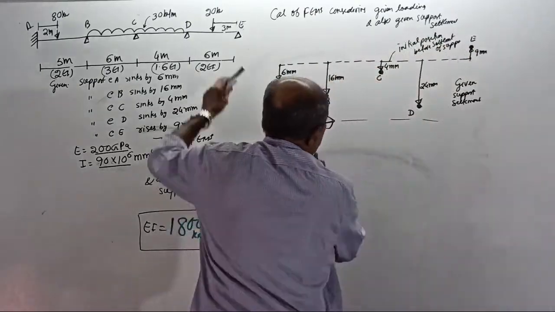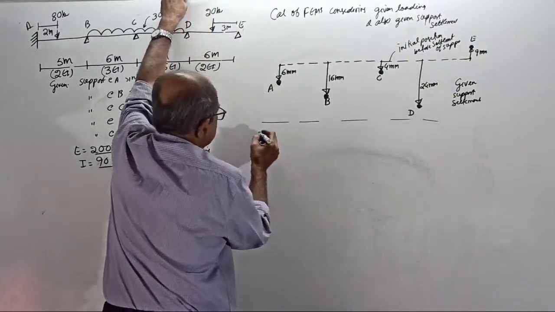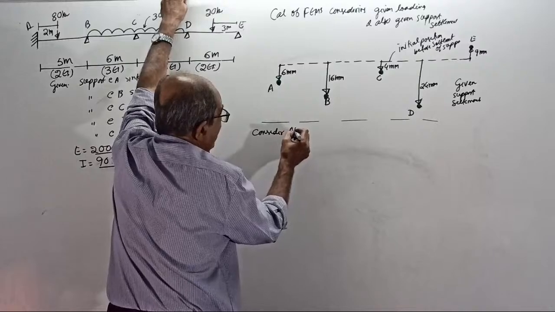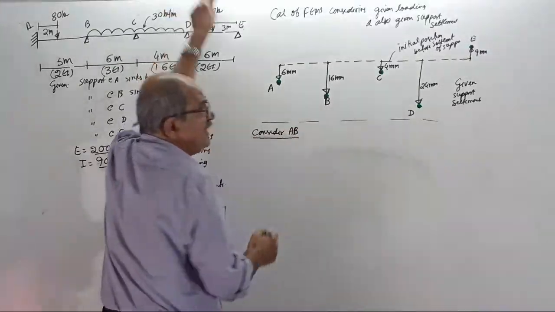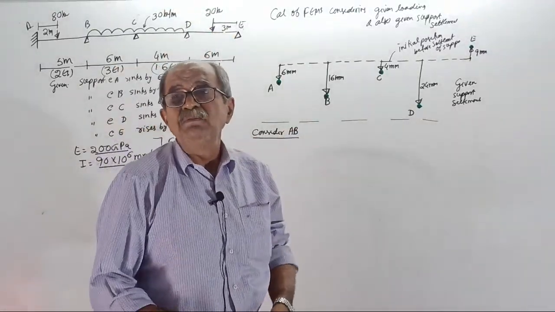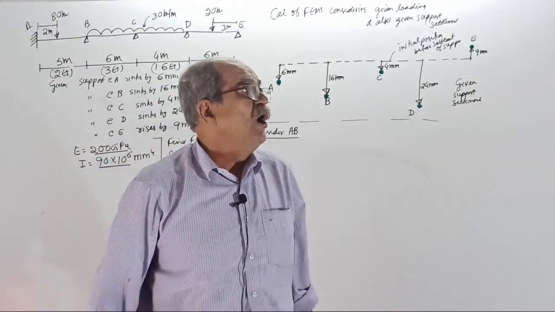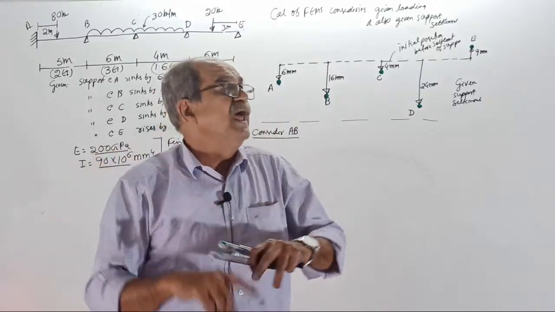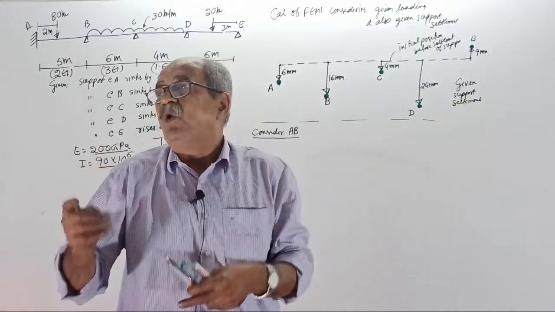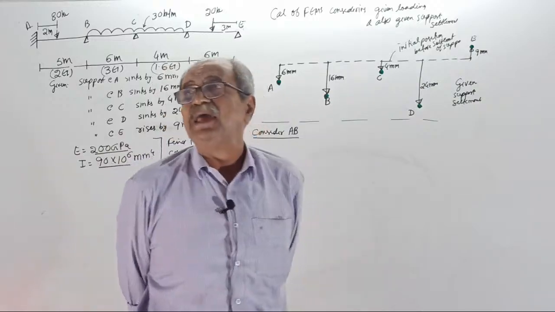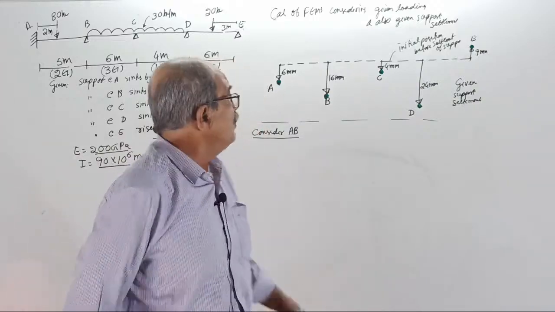Now start considering member after member. First, consider AB. See correctly. It will take some time today. If it takes a little more time, then the prerequisites of 4EI/L, 2EI/L, carry over part, and 3EI/L, and all those things, I won't give here.